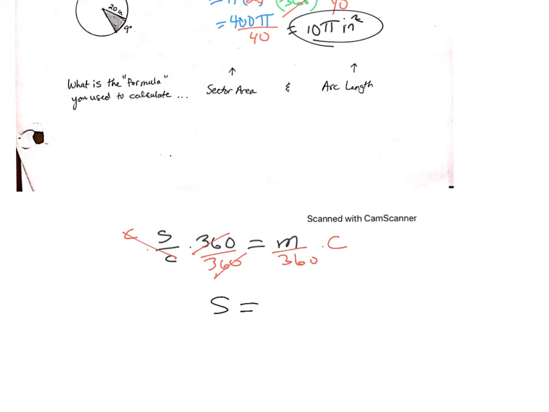My sector area is equal to M over 360 times C. And C was my circle area. That was just the letter that they had you use in your Desmos. So if C is your circle area, that's, oops, can't remember my area of a circle formula.